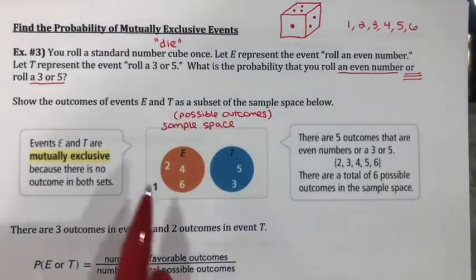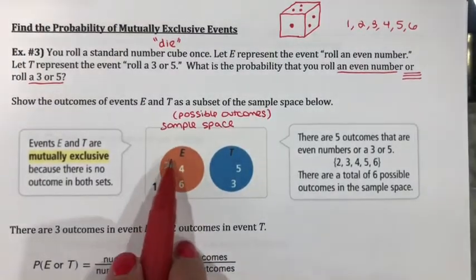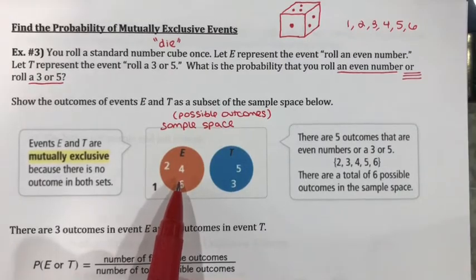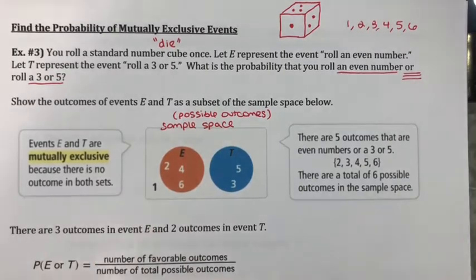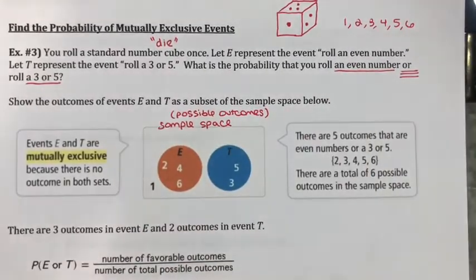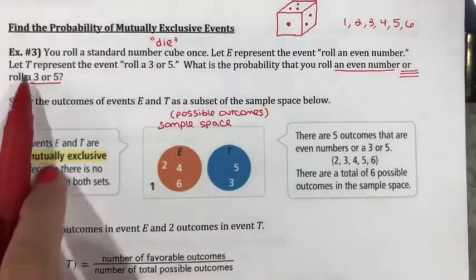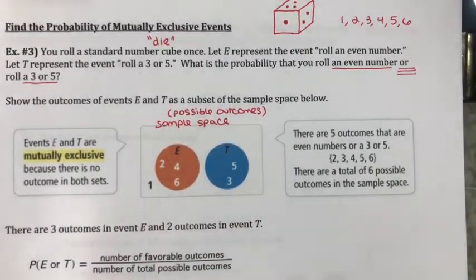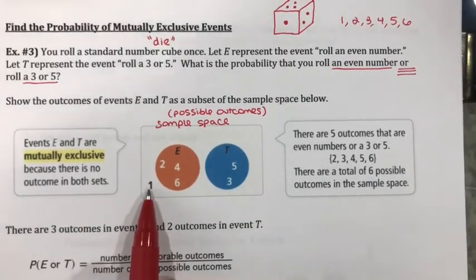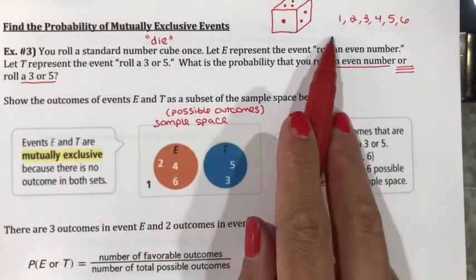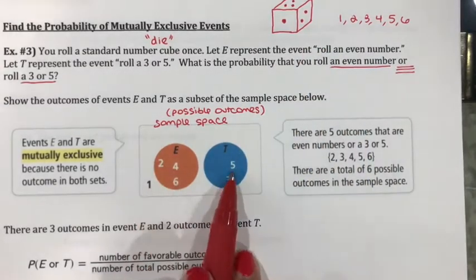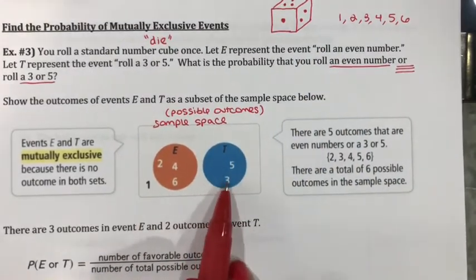Okay, now remember that we said that E was rolling an even number. So I put 2, 4, and 6 into the even numbers because that would satisfy that requirement. T was rolling a 3 or a 5, so I put 3 and 5 over here as well. Okay, and 1, because remember that one of the sides of the dice has a 1 on it. So that's neither even nor is it part of 3 or 5.